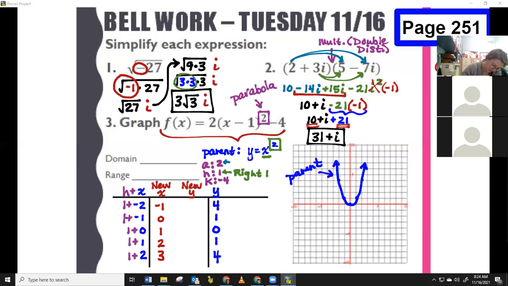So this is going to vertically stretch it by 2. Since it is a vertical stretch, that affects my y's because the y-axis is the vertical, the up and down axis. So I'm going to multiply all of these by our A value first. That's going to double everything. It'll make it stretch.